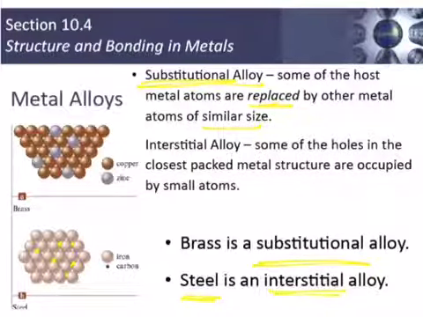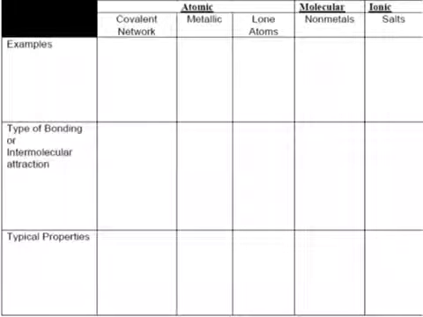Questions? All right, let's fill out this chart. Give me an example. We have covalent network, metallic, and lone atoms, which are all our atomic structures, and then we have a molecular structure and an ionic structure. An atomic covalent network example: silicon dioxide. What are our big ones in AP?